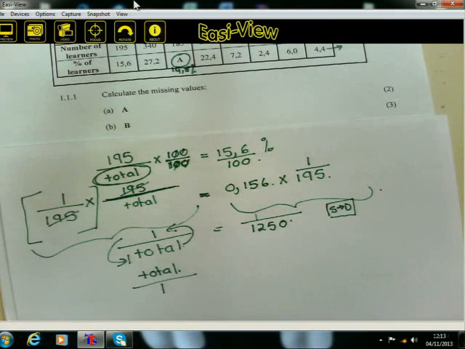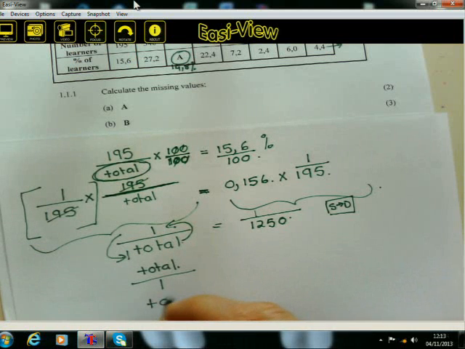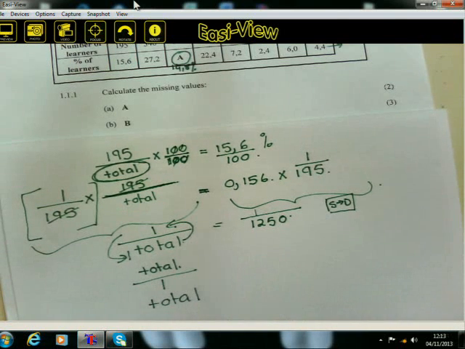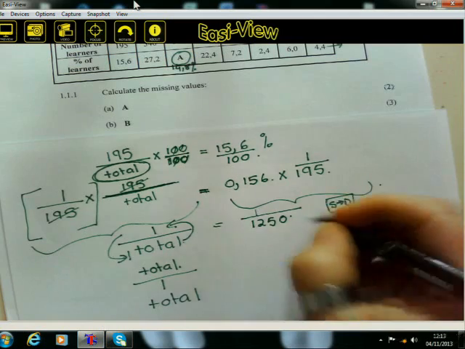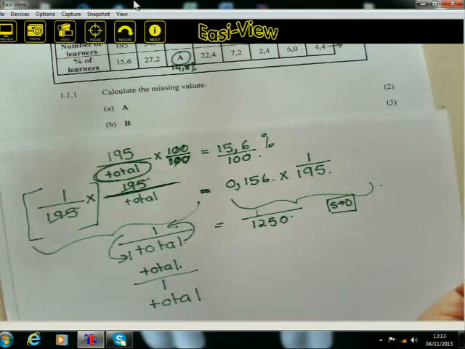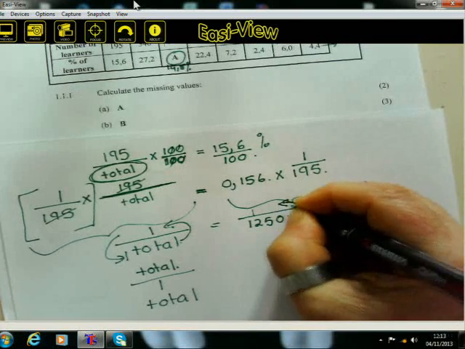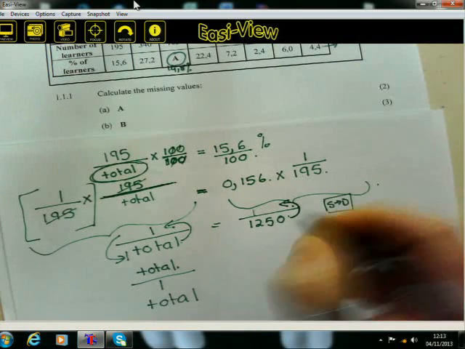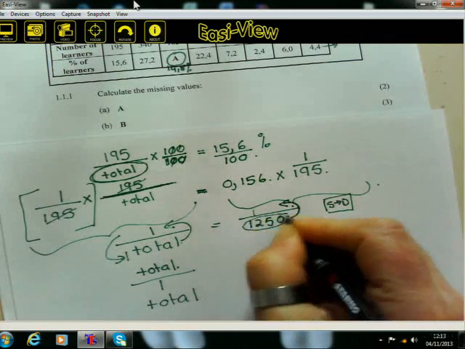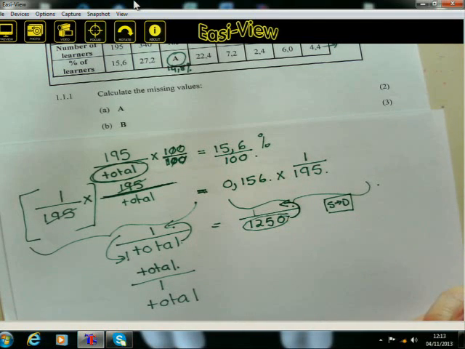Why? Total over 1 will just be total. Okay? But if I write on the left-hand side the total at the top, I must also write on the right-hand side what is here at the bottom. We call it the denominator. I must write it on the top.